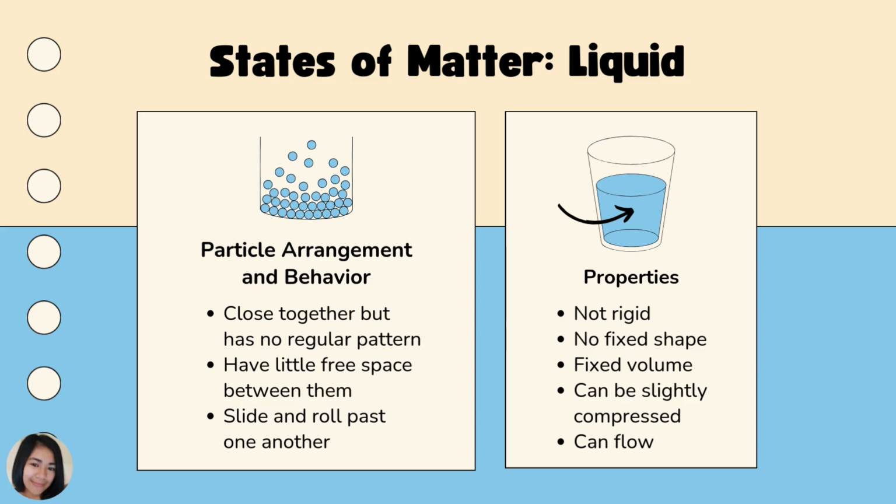Like for example, if you're going to put a liquid inside a graduated cylinder, you can see the accurate volume of water inside a graduated cylinder. Okay? And then, can be slightly compressed. Tama. And can flow. Yeah, because water is an example of liquid. Kaya, one of the properties of liquid is can flow.